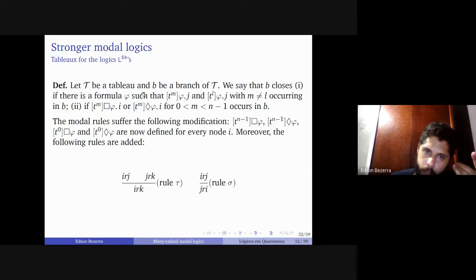Now the rules for box and diamond hold for all worlds, not only for 0. So now we regain the possibility that all endpoints are atomic formulas, because we can apply the necessitation rule in all worlds. And the accessibility rule now obeys the rule of transitivity and the rule of symmetry.